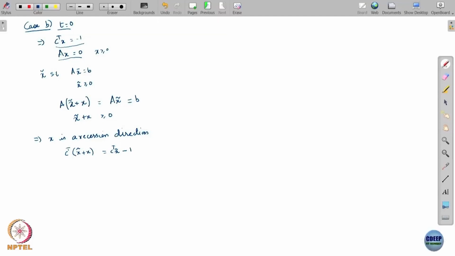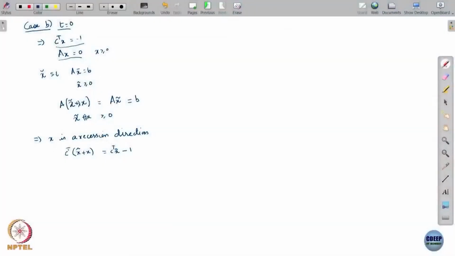So, I can keep going. This is because I took a unit step in the direction x. If I took a step of length lambda, greater than or equal to 0, in the direction x, I would still be within the set and my objective value would have dipped by lambda.